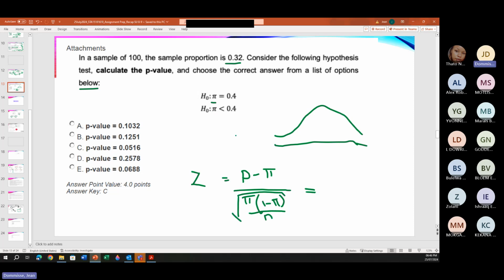So let's quickly check. The sample 0,32, population 0,4. So you can already see that at the top it's going to be negative. So 0,32 minus 0,4 is going to be minus 0,08. Let's just move all of these.